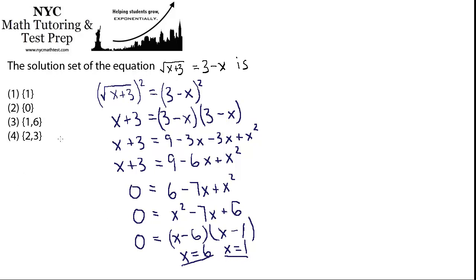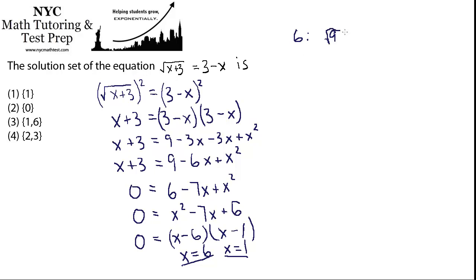But wait, we have to make sure both of these answers work in the original equation. So let's see what happens if we plug them in. So we're testing x equals 6. x plus 3 is 6 plus 3, which is 9.